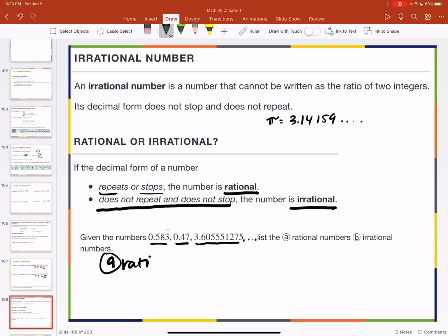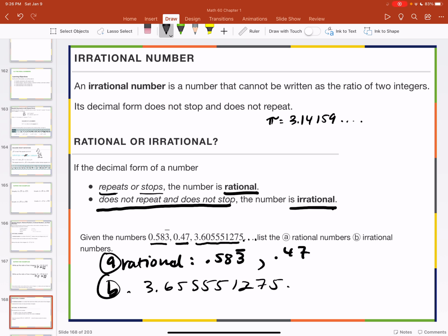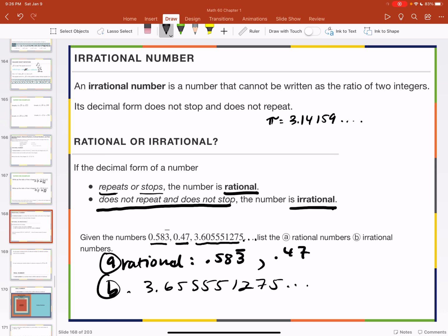Rational would be 0.583 repeating, because it's a decimal that repeats, that's the criteria, and 0.47 because it stops. Finally, that would leave us with 3.60555125 dot dot dot. That would be irrational because it does not repeat or stop.